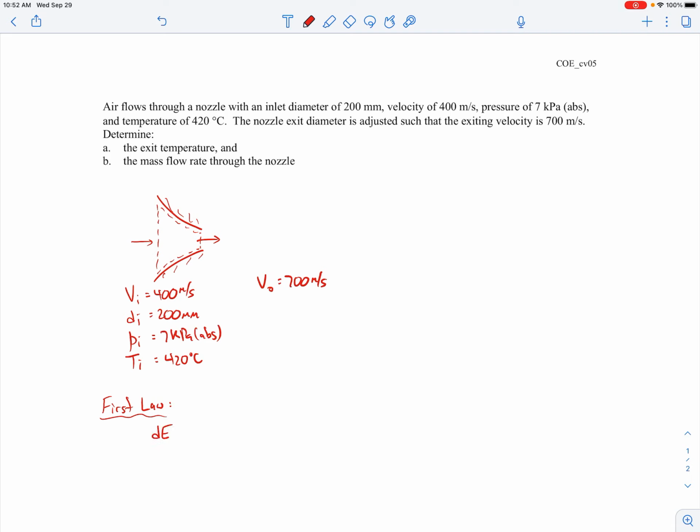So I'll write out the first law for a control volume.